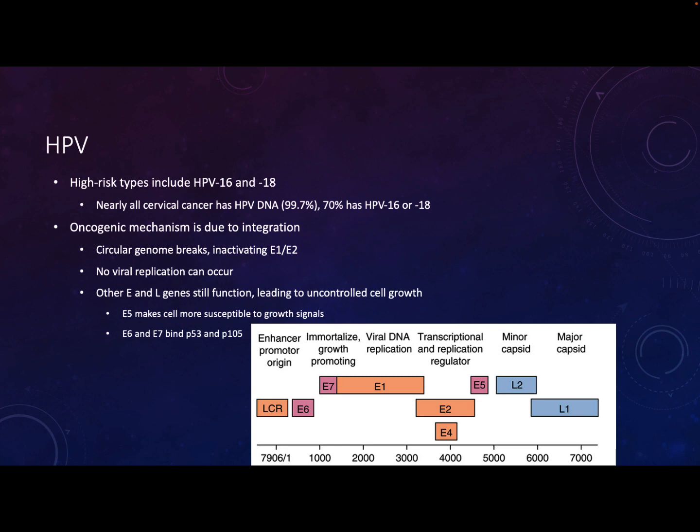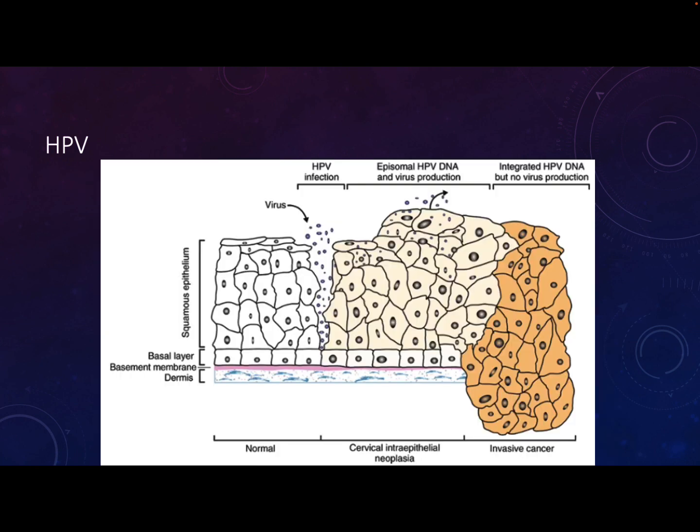So E5 is basically telling the cell, oh yeah, you should grow. Yeah, totally grow. And E6 and E7 are binding the stop signs that would have said, no, you shouldn't grow. So that's why you can get the promotion of cancer with this one. And so this is kind of what you're looking at. You have the infection in these basal tissues, that basal layer, and this is going to be of the cervix.